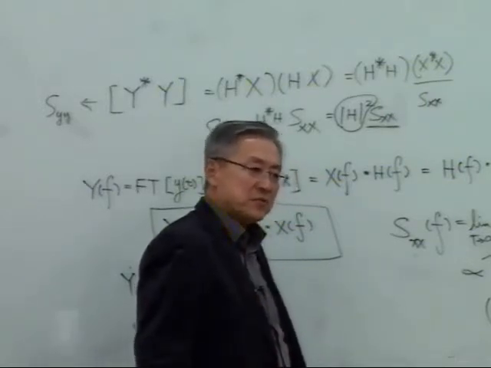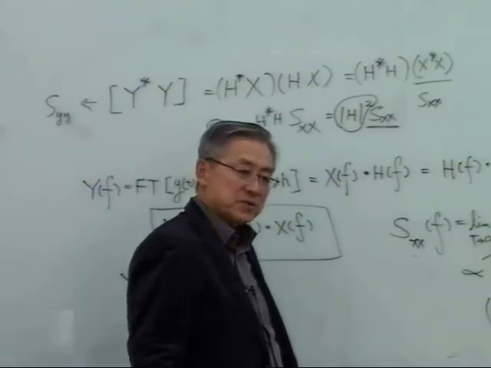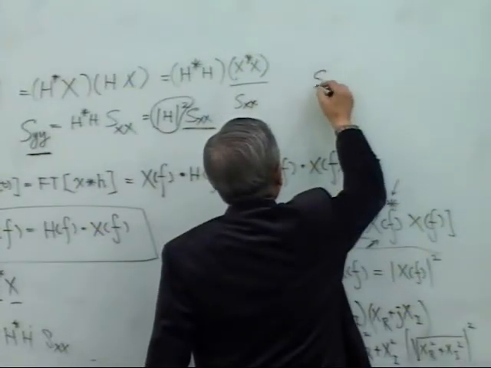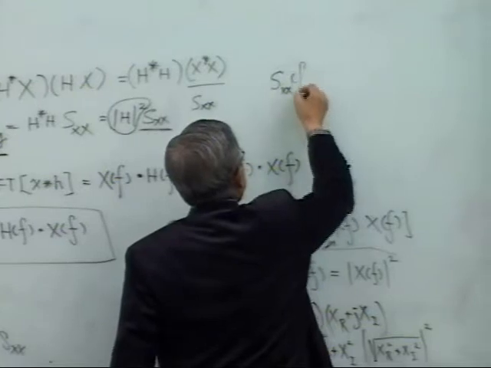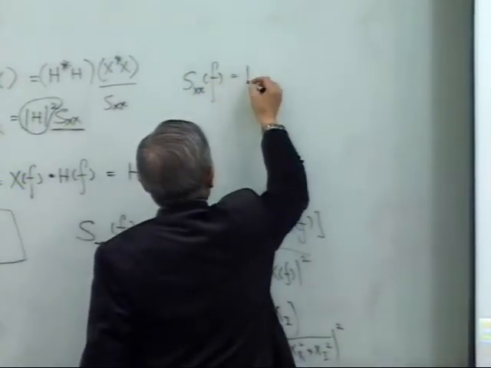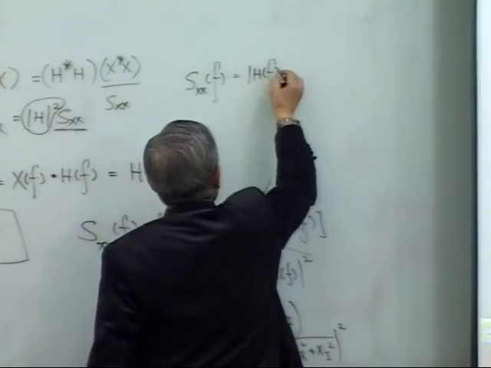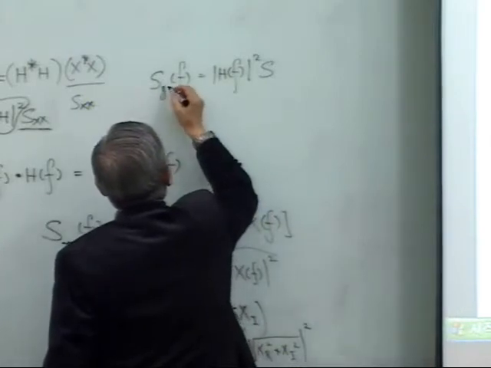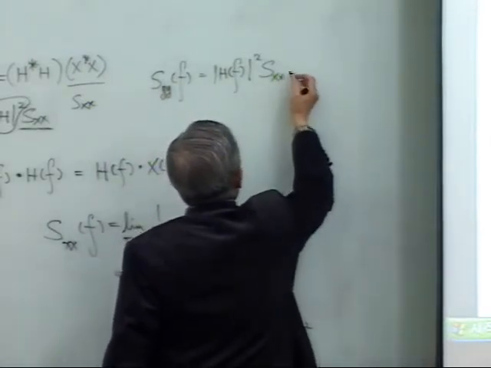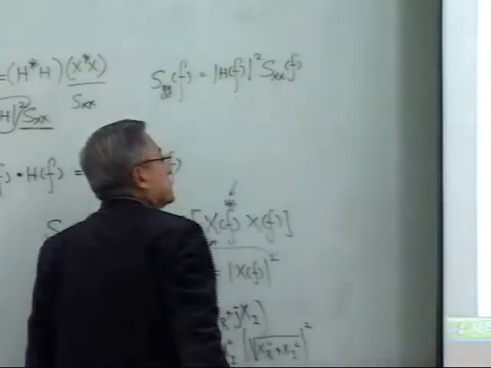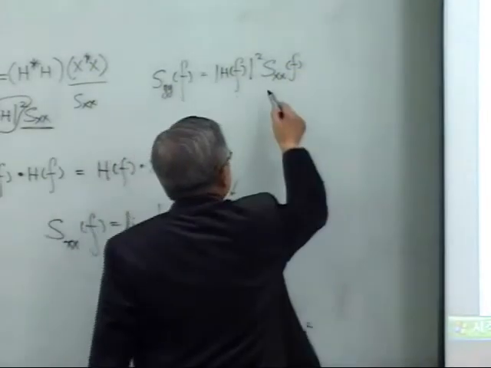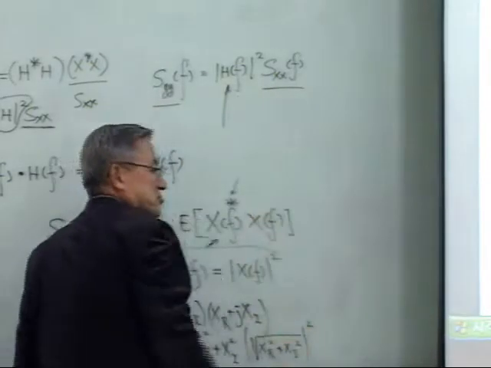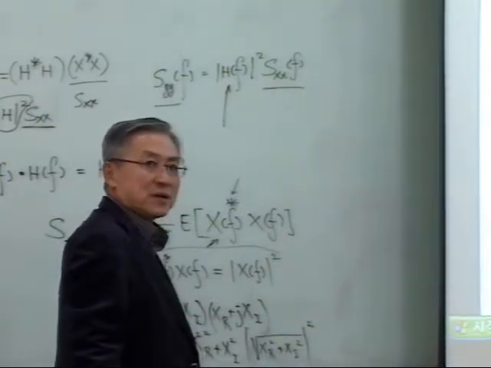You don't get the phase information, so you can't go back. S_XX is of course a frequency domain function, and so is this one. Using this measurement, you can determine H squared, not H. That's what I'm saying here.